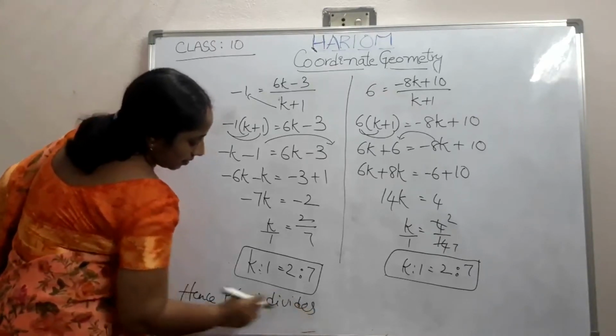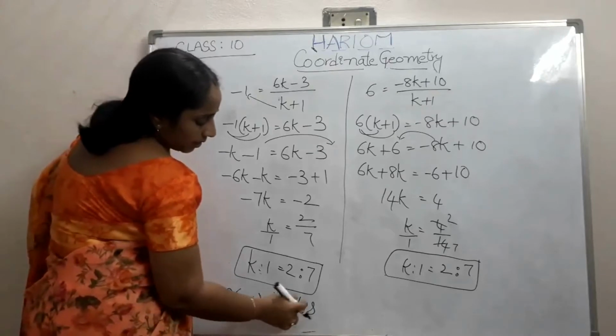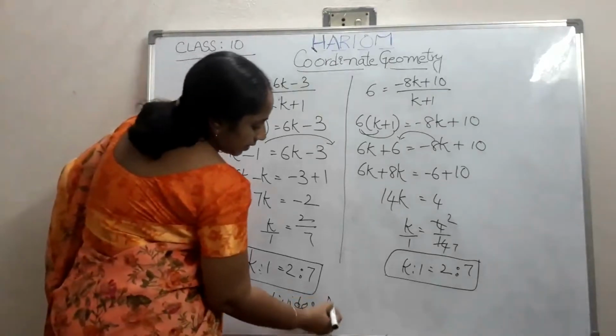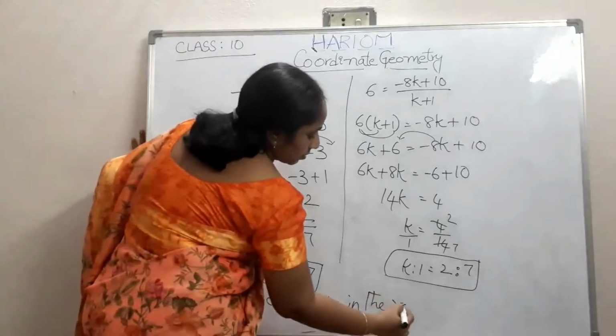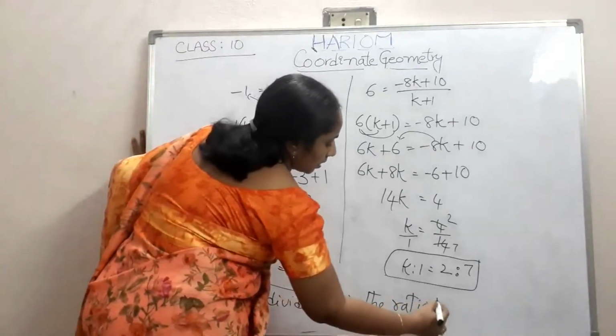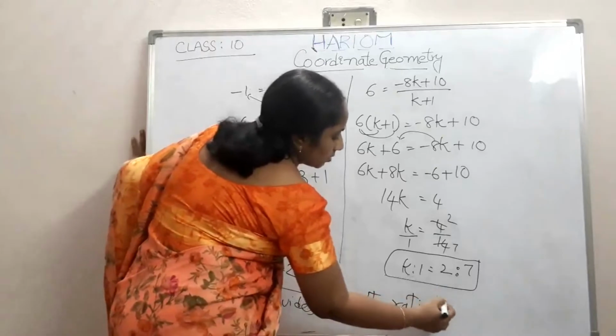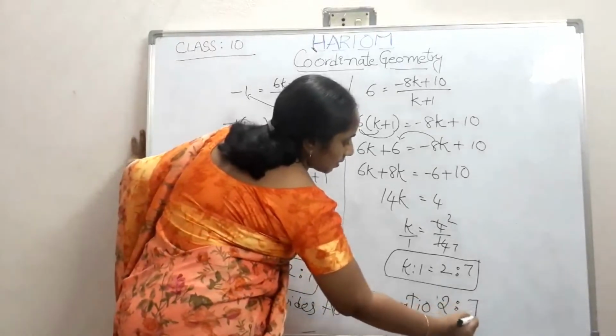P of (-1, 6) divides AB in the ratio 2 is to 7.